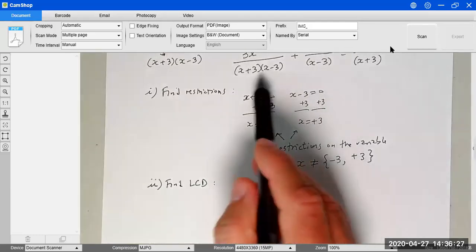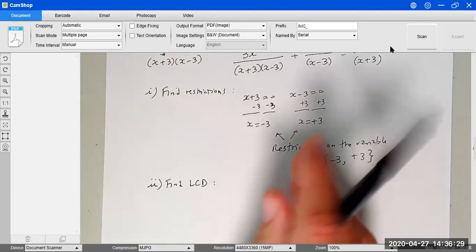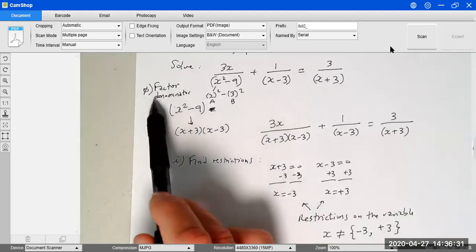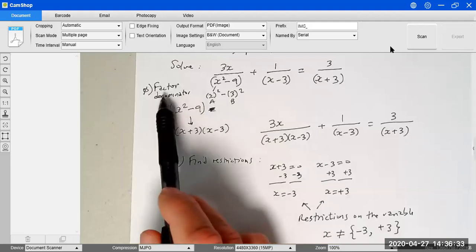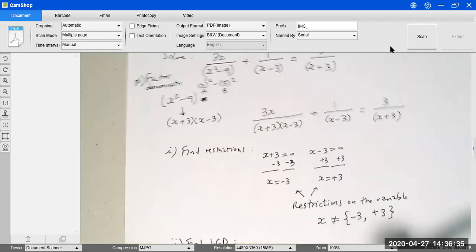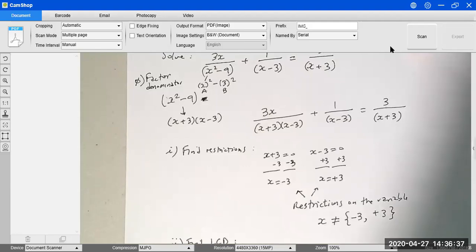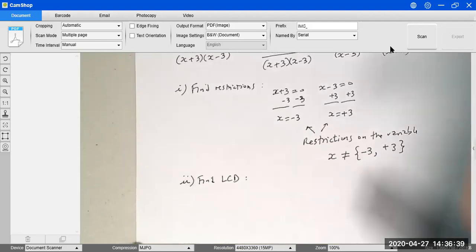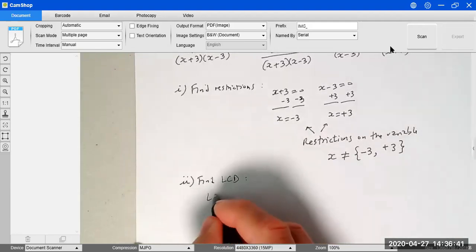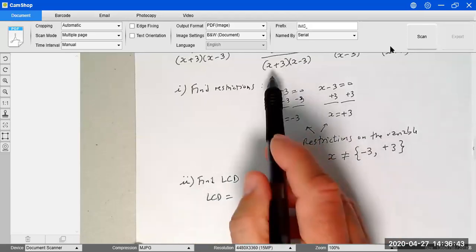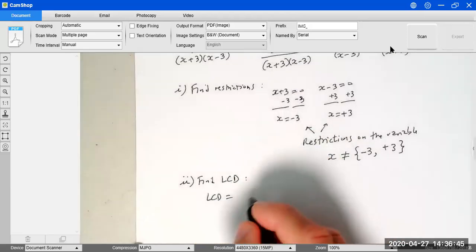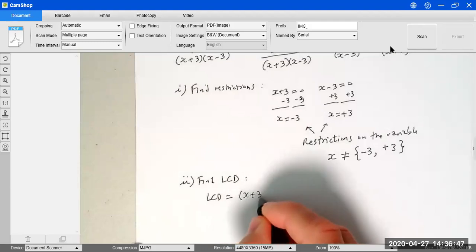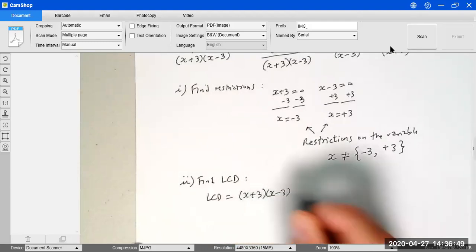So now we're going to find the least common denominator. So we already have our denominators in factor form. That's the reason this step is very important. So we didn't do that before because we didn't need to factor anything. Everything was in a factor form. So our least common denominator is factors from the first fraction is x plus 3 times x minus 3.